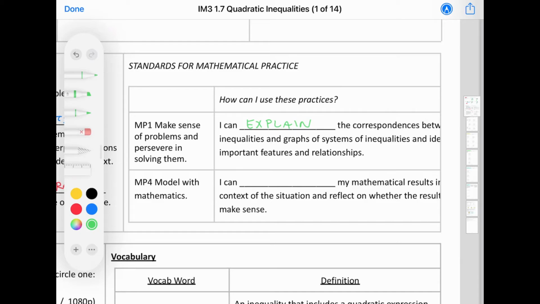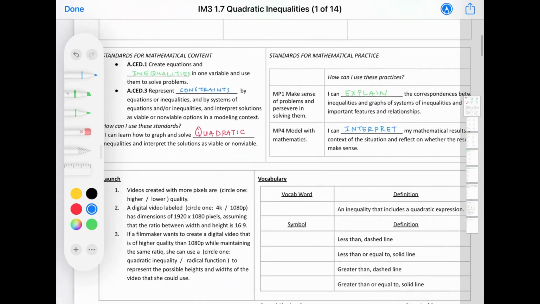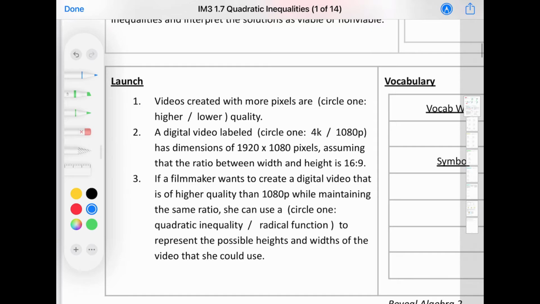Math practice 4, model with mathematics. I can interpret my mathematical results in the context of the situation and reflect on whether the results make sense. All right, let's go ahead and go to this launch here.